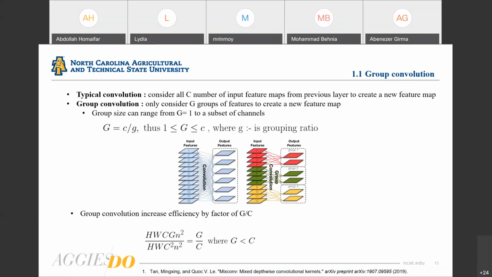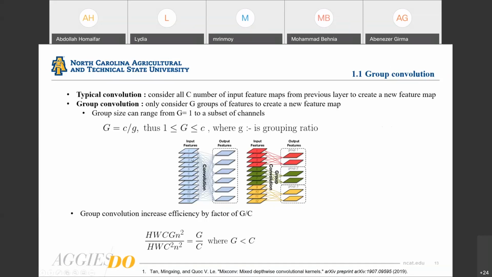But in group convolution, you can reduce the number of feature maps used as input. For instance, in this case, you only use 4 of the feature maps as input to create one feature map. And for the next feature map, you use the next 4. By doing that, you can reduce the computational cost of your model.